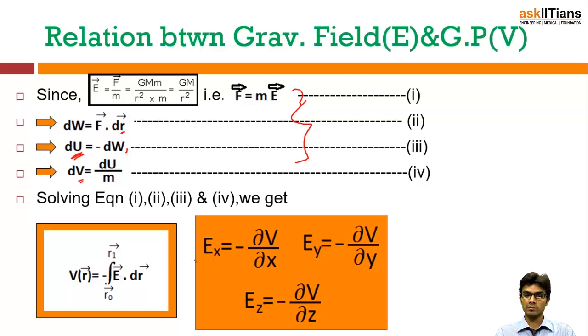This is the relationship between gravitational field and gravitational potential. Gravitational potential is equal to negative of the integral of E dot dr from R0 to R1. This is the important equation we have to keep in mind.